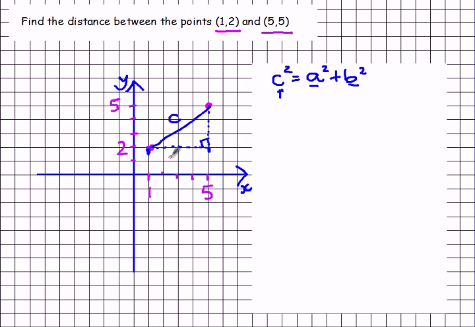So that distance is 4 units. There's a space of 4 units between here and here. This distance here is the distance along our y-axis from 2 up to 5. Now if you do 5 take away 2, you're going to find that distance is 3.